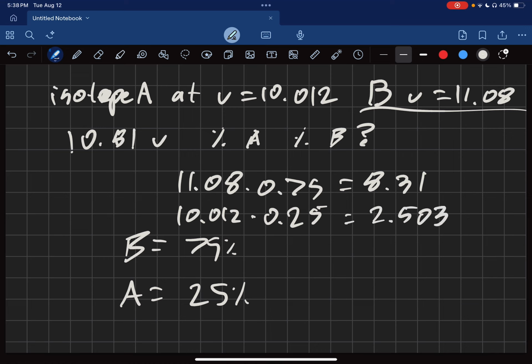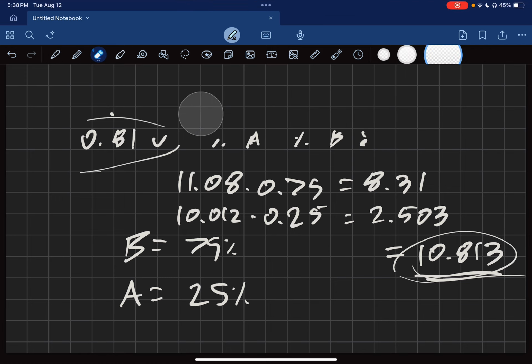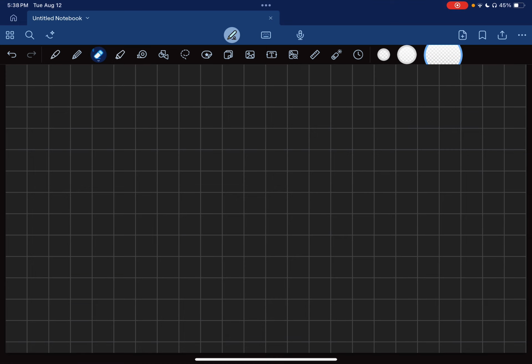If we add these together, we'll get 10.813, which is off because I rounded earlier. So this is basically 10.81. So we did it right. Let's move on to the next example.